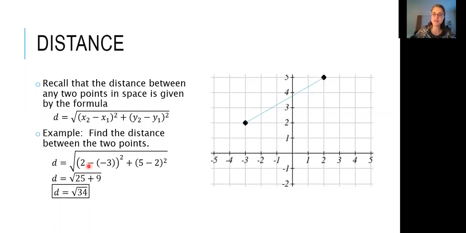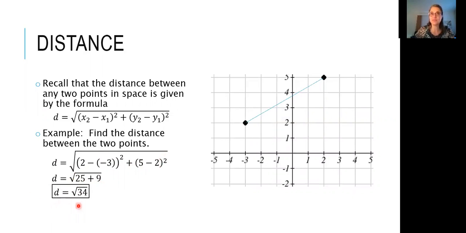So we take the difference between the x's, 2 minus -3, and we square that to get 5. 5 squared is 25, plus 5 minus 2, that's the difference in the y's, is 3. Square that. We get 25 plus 9 is 34.